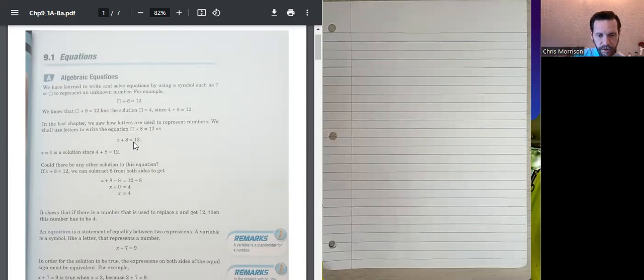It's an equation because you have the equals sign in the middle: this equals that, where one or both sides has a variable in it, and a variable is just a letter that can refer to any number. In this case, X refers to 4. If it had been X plus 9 is 13, then it would have been 4.